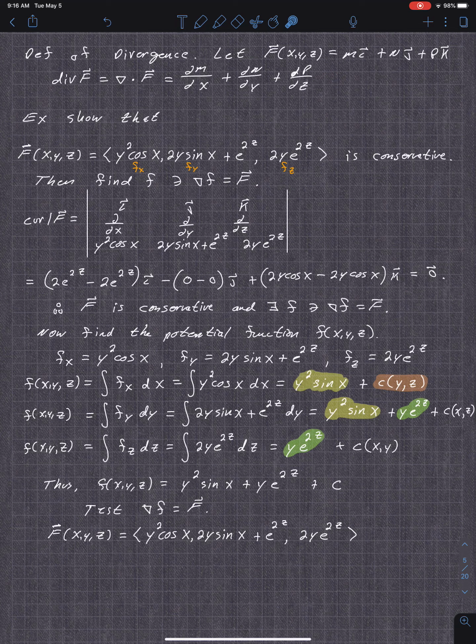That ends up being a real valued function. So that means you're going from a vector field, and by doing this operation, you get a real valued function.